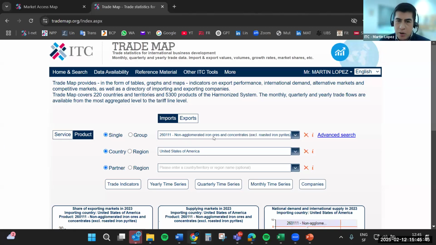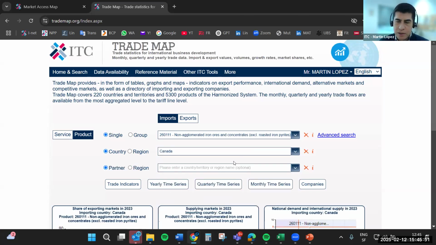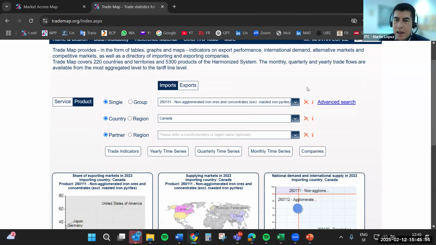For example, non-agglomerated iron ores, and let's say again, Canada, which I saw was a potential market for this. We have this button here, this blue button. Well, it turns blue when you pass over it. It says companies. This contains a directory of companies that are either importing or exporting that product in Canada.